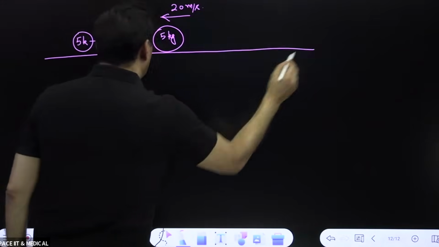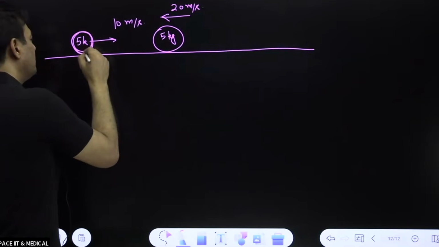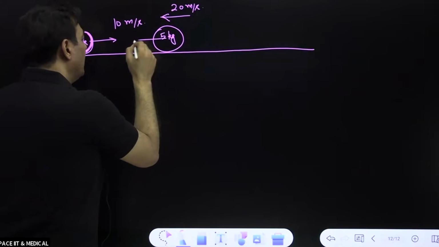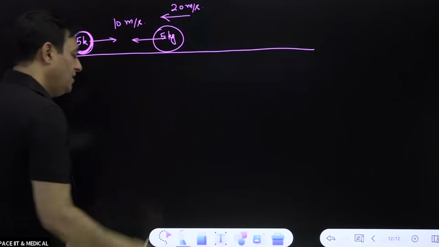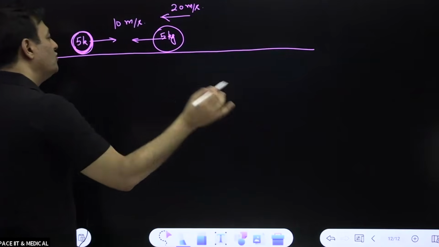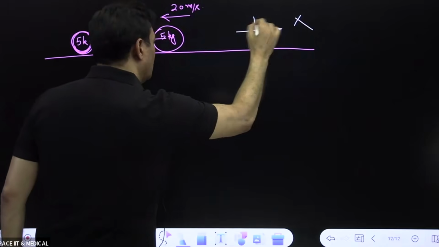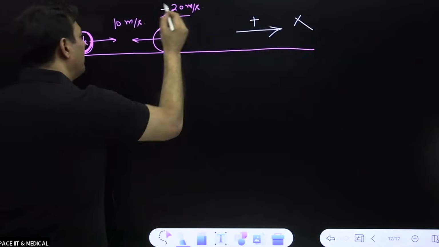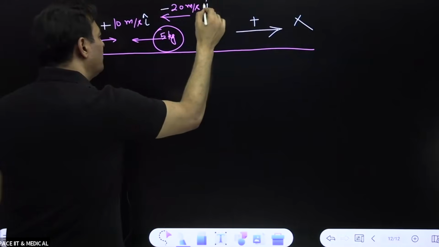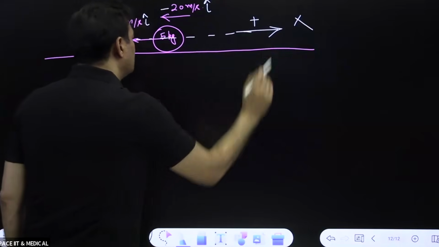Identical balls on a horizontal frictionless surface, head-on collision, there is no oblique collision, and they come and collide with each other. Find their velocities after collision. This is the question. I will assume right direction to be positive x direction. Now, this velocity is minus 20, this is plus 10 i cap. Whatever way you have to write. Now, this is the x-axis.